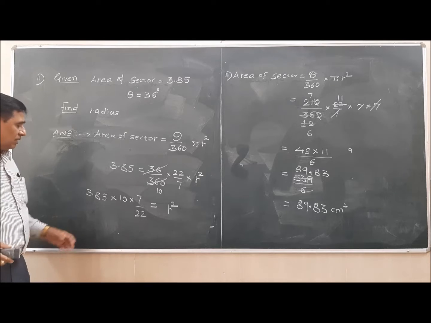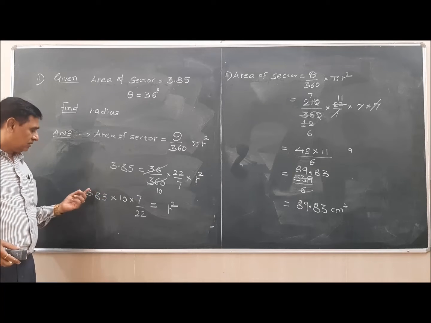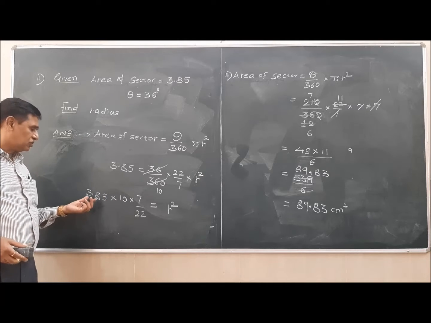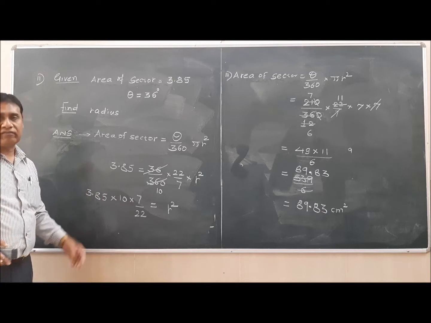Now let's see here. You will notice, very interestingly, that 3.85 into 10 naturally is going to become 38.5.